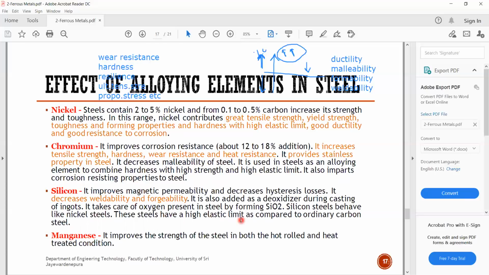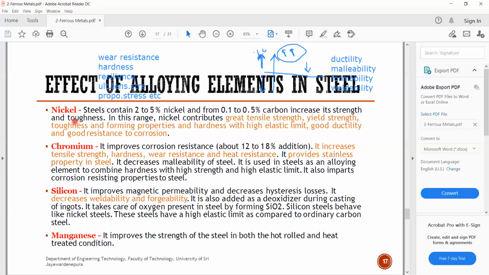Here, we just now discussed the alloying elements. So what will happen when you add these alloying elements to the ordinary steel? That means the effect of these alloying elements in the steel, right? So these are the properties of nickel, and also the properties of ordinary steel.